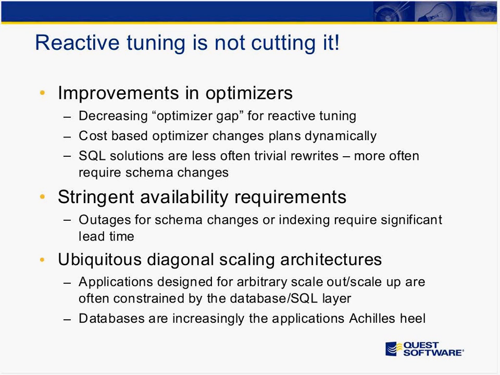But the problem with that is that databases are increasingly not as scalable as the applications in that respect. You can't just take the database and throw hardware at it and expect to always get a payback for that additional hardware.